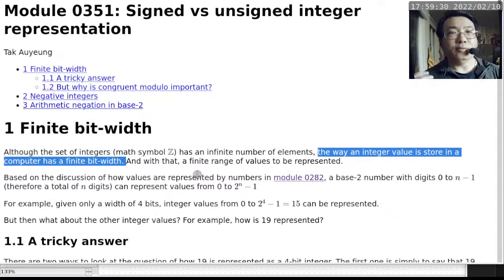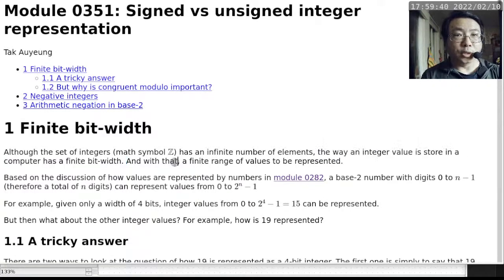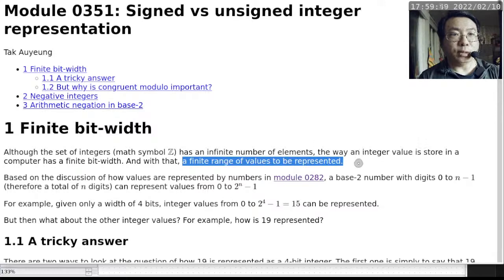So we went from 8-bit processors to 16-bit processors, and then to 32-bit processors, and now we are mostly dealing with 64-bit processors. So with a fixed width, which refers to a finite bit width, then a finite range of values can be represented. In other words, we are now limited, depending on how many bits an integer has. When you store that in a computer, that will basically confine the range of values that can be represented.